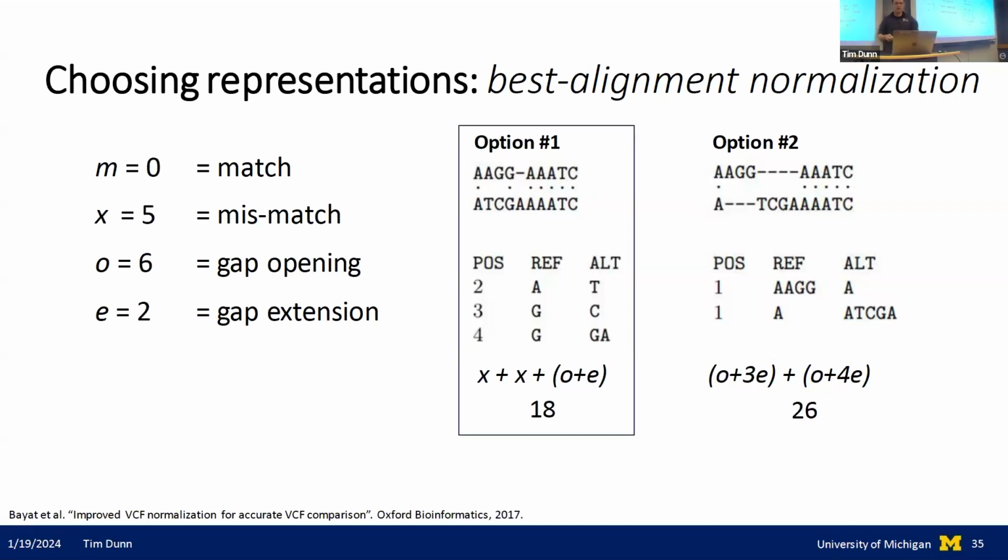And so if you assign values to substitutions, gap opening and gap extension, here we choose just any penalty for substitution first, and then we want a gap to be less likely than a substitution, so it has a higher value, but then it's not that much of a penalty to increase the length of that. Then once we have those numerical values, we can calculate whether one representation versus the other representation makes more sense.